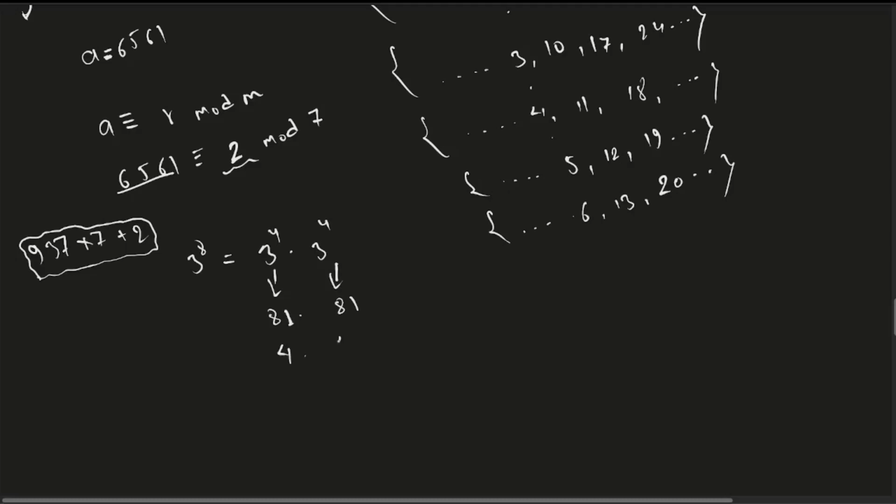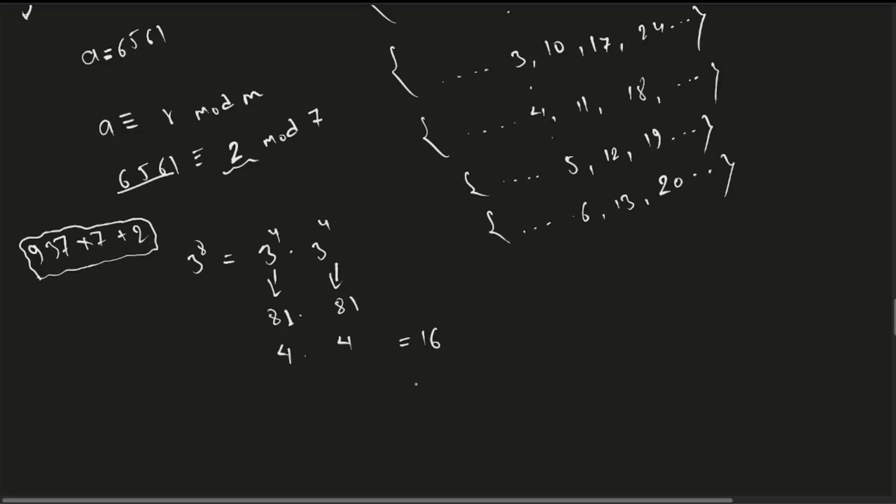So eventually it just breaks down to 4. Now it's going to be a lot easier. 4 times 4 is 16. Now instead of this bigger number 6561, I can just replace it with 16.